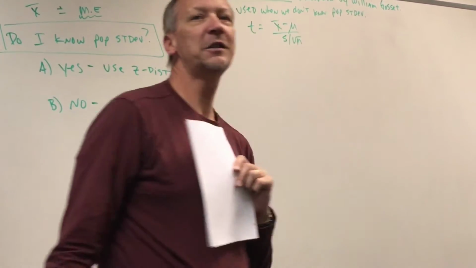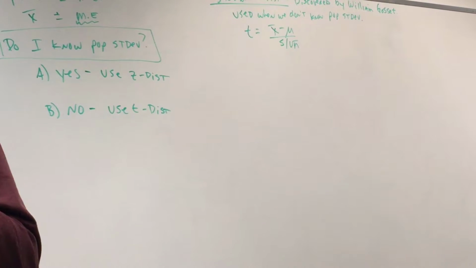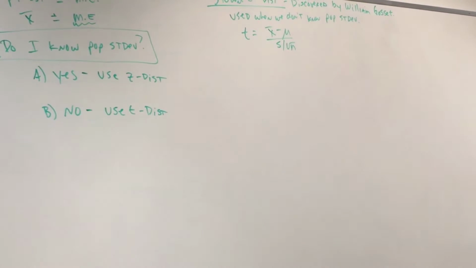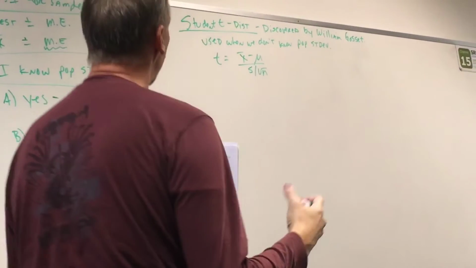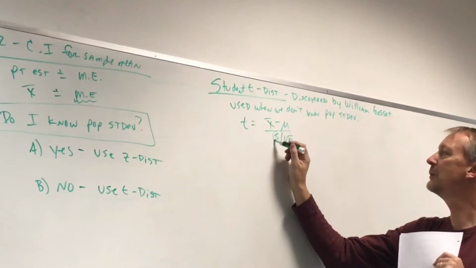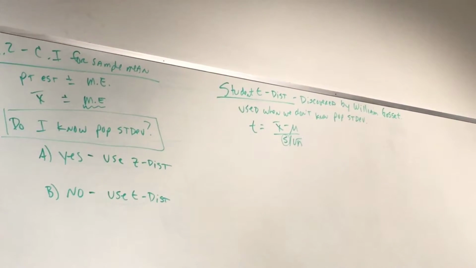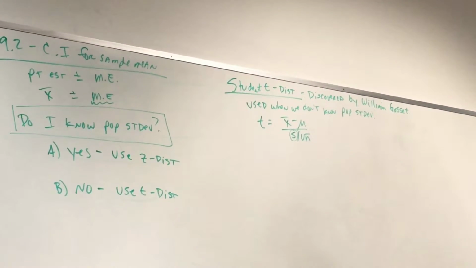What does that look suspiciously like? Looks like a z-score. What's the main difference? Okay? Well, it's T there, but the main difference is I'm using your sample standard deviation as opposed to your population standard deviation. Okay?